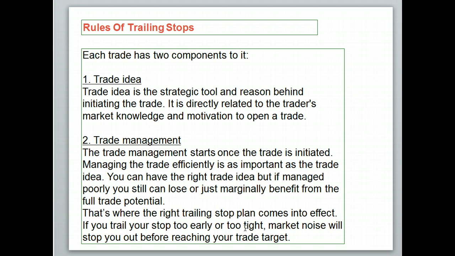As a result, if you trail your stop too early or too tight, market noise will stop you, and that will happen before your trade target is reached.